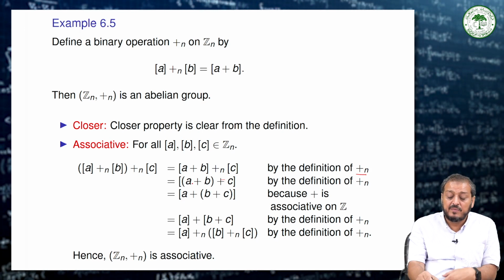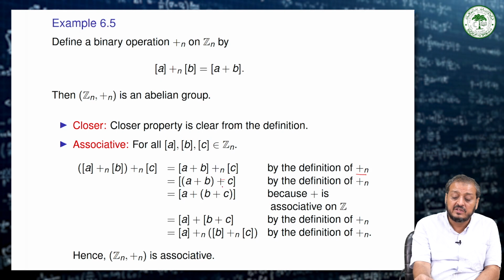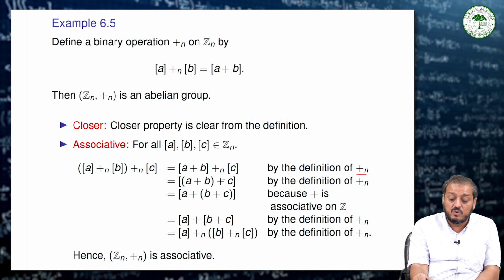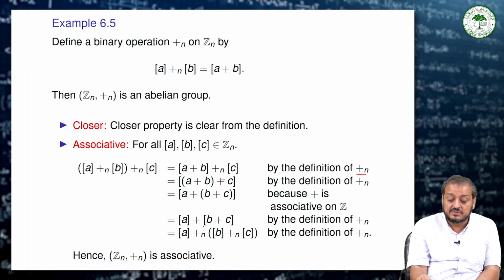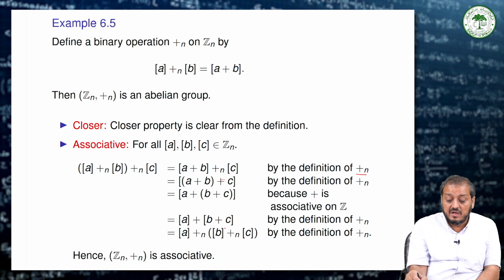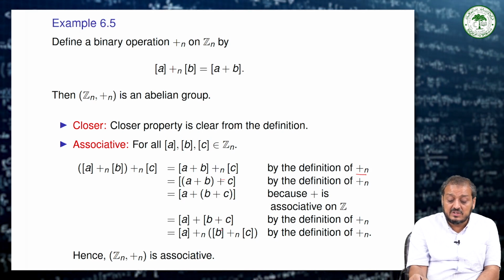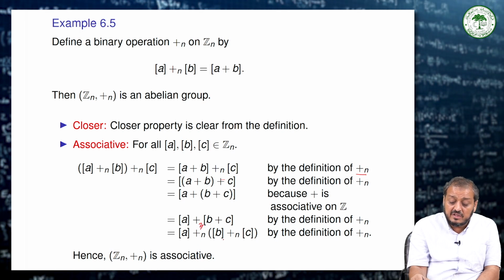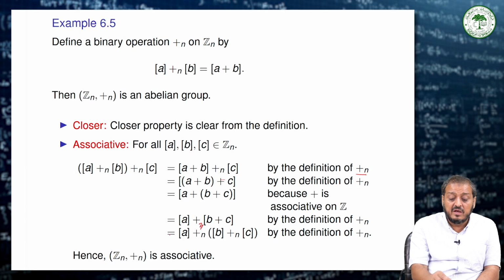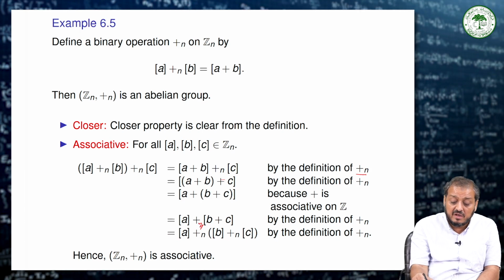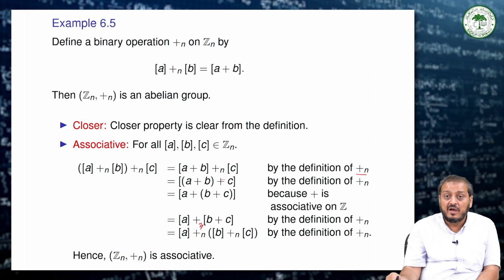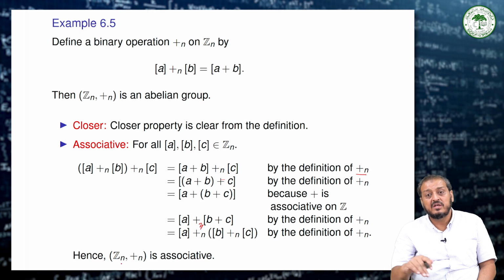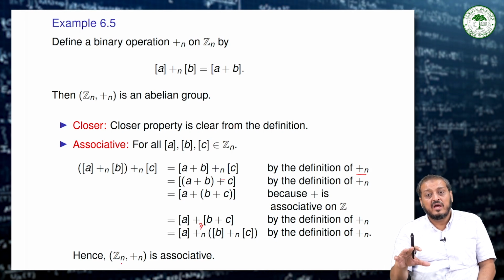So we can use the associativity condition here, and write a plus the sum of b plus c. Then we apply the definition again, and this can be written in the form a plus b plus c modulo n. So by the definition of addition modulo n, Zn under addition modulo n clearly satisfies the associative condition.